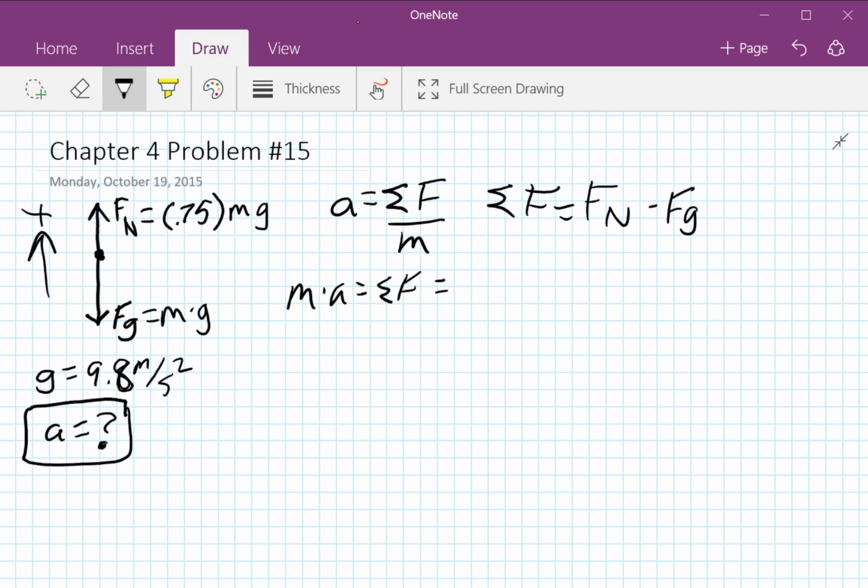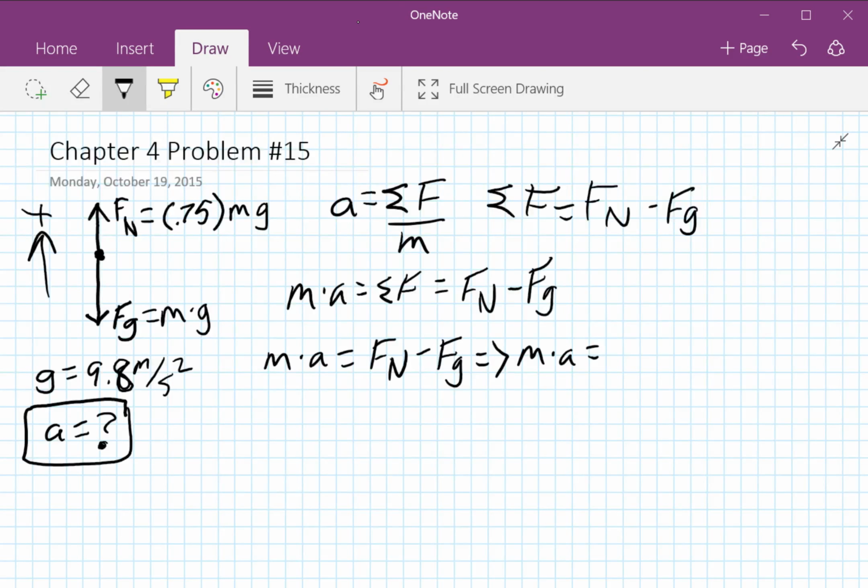We just take out the middle: mass times acceleration will equal the normal force minus the force of gravity.